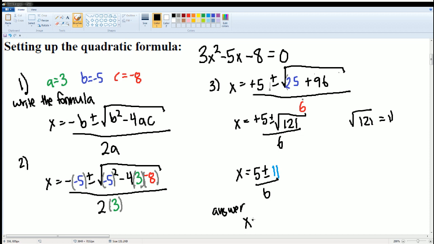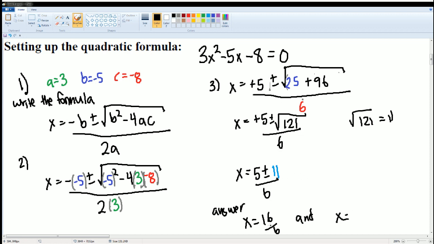So your answers: x is equal to, what's 5 plus 11? I think this is 16 over 6. And you have x is equal to, what's 5 minus 11? You can't really plug this in your calculator unless you do it twice, because there's a plus and a minus.